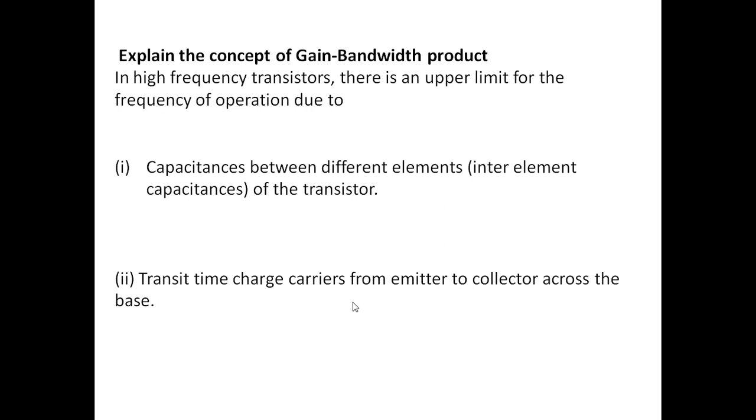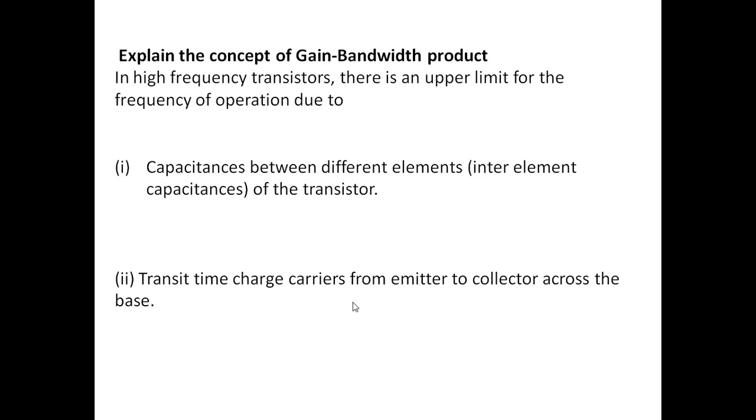Due to these two types of semiconductors, the base semiconductor material and the collector and emitter terminals, when forward bias or reverse bias is applied, these junctions act like parallel plates in a capacitor.